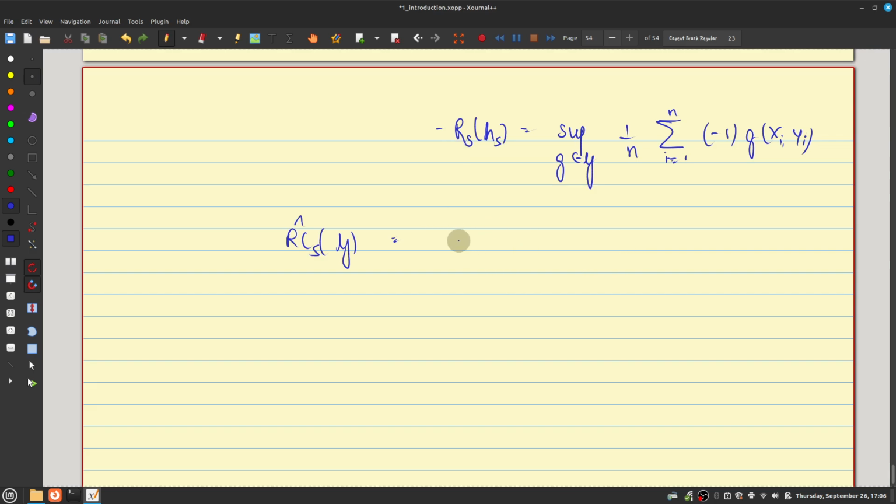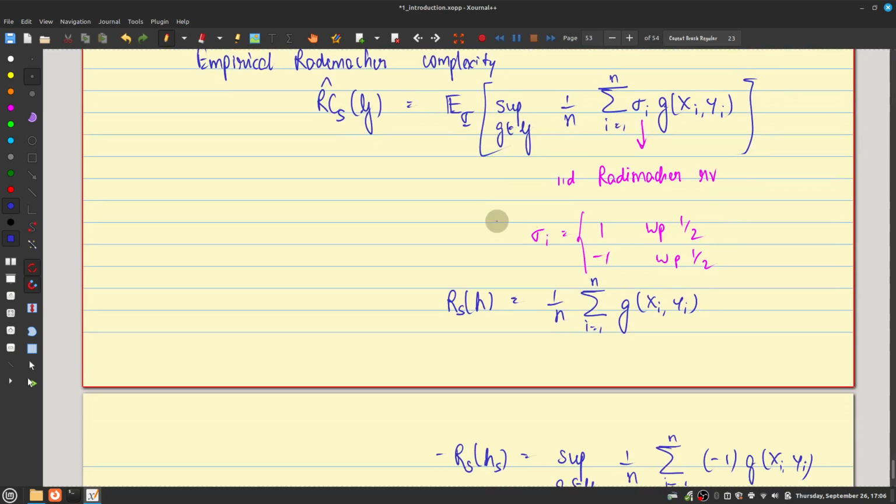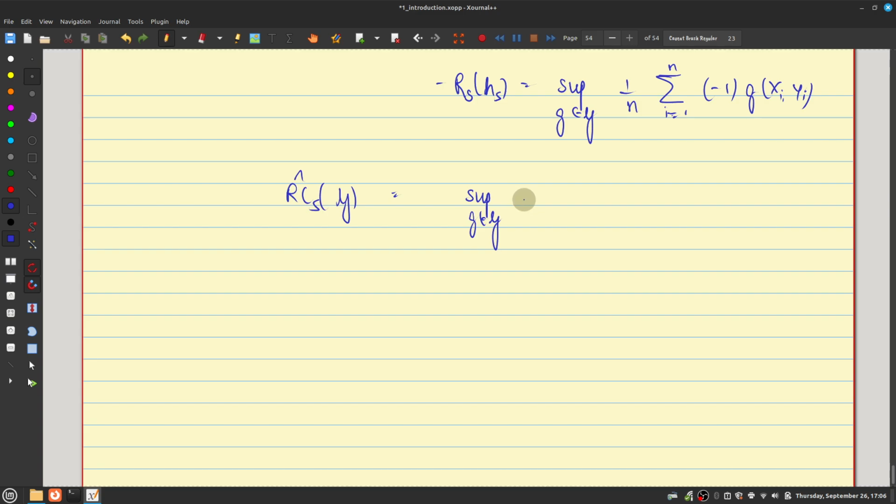I would get, n is 1, so supremum over all g in G. Now G could be an infinite set for all I know, of this particular function that I have over here, which is g of xi yi, plus supremum over all g in G of -1 times g of xi yi.